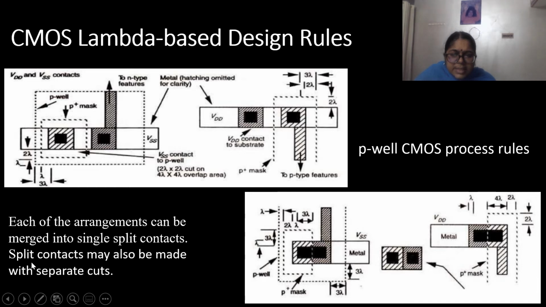Split contacts may also be made with separate cuts. You can form the contacts anyway. Either separate cuts can be used or a single merged cut can be used. Here also, two contact cuts have been shown, and in this case a merged contact cut has been shown.